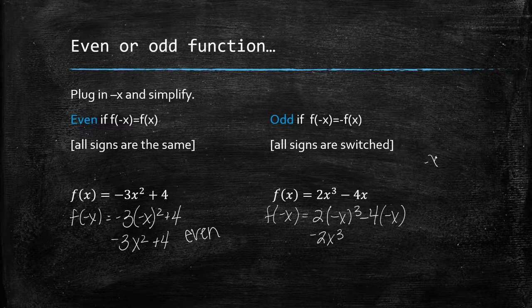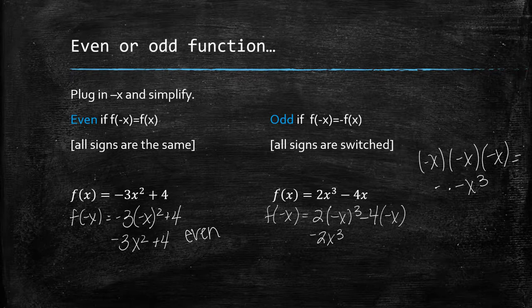So you're taking negative x times negative x times negative x, which is negative x cubed, times that 2 that's in front becomes the negative 2x cubed. And then negative 4 times negative x is plus 4x. You can see I have the exact opposite of what I started with. Both of my signs have changed, so this has to be odd.